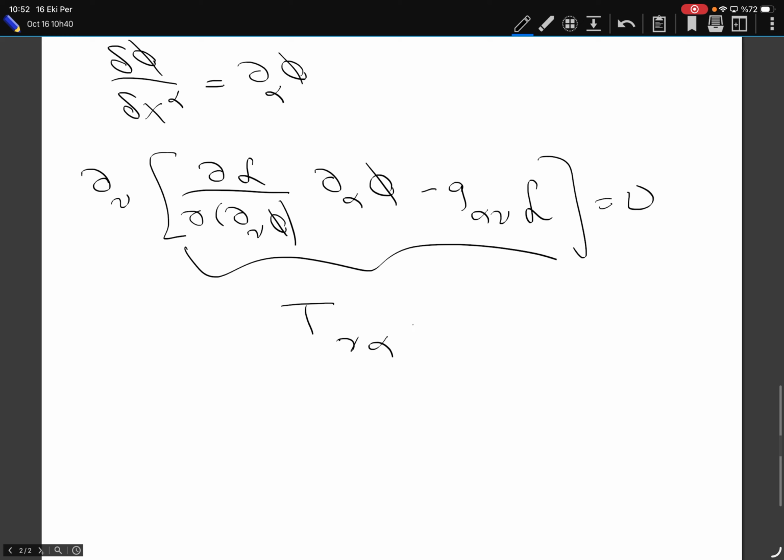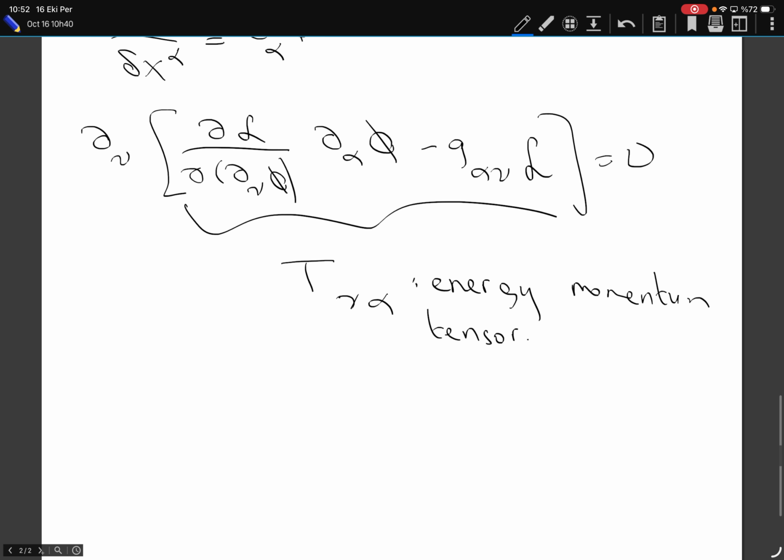This is called the energy momentum tensor. Well, the corresponding conserved charge is just, take the 0 component, integrate over all space. This is the conserved charge.